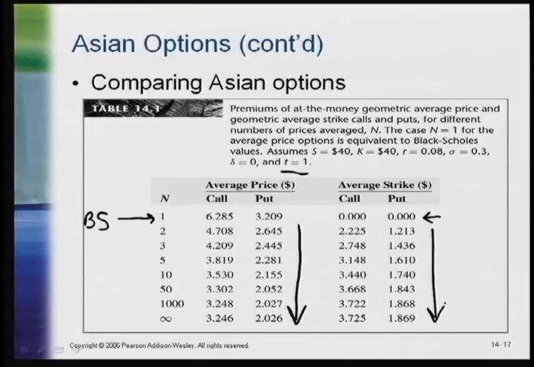And the reason is that as we increase N, the volatility of the strike price diminishes, and it becomes more certain that we're in the money or not. And you see that the increase in prices, where the K becomes less volatile, goes up. Not nearly as dramatically as the prices of the average price options go down.